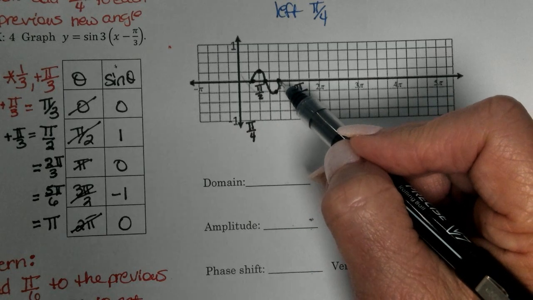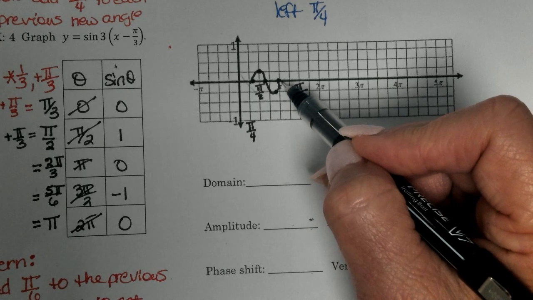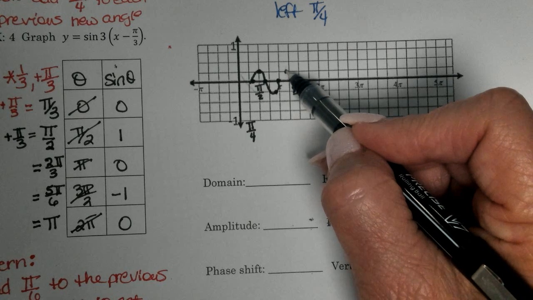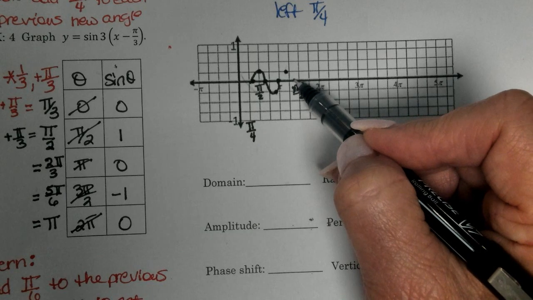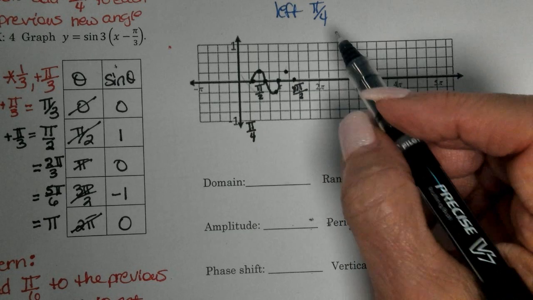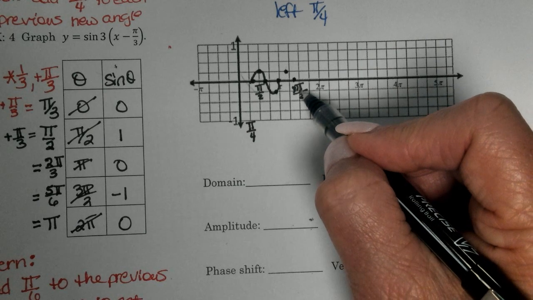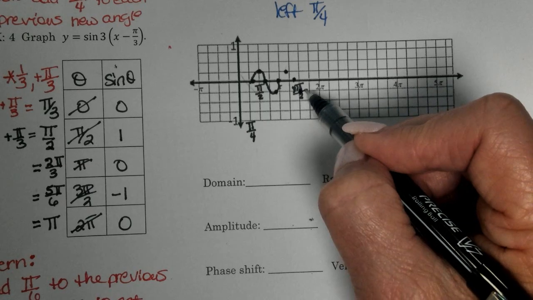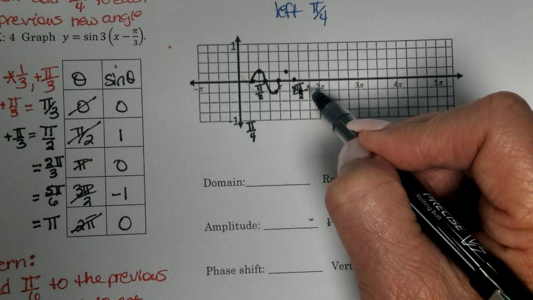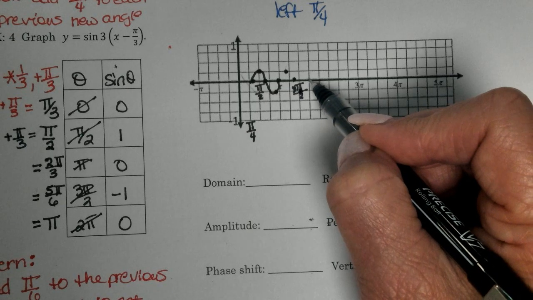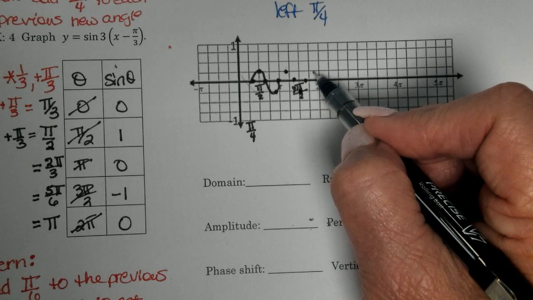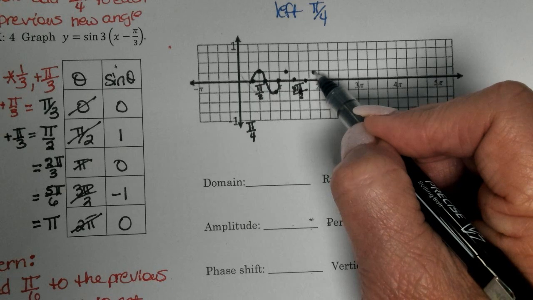So in our next spot, after pi, we are going right up here, 30 degrees from that, and then we would come back down to 30 degrees on the other side, and then down to negative 1 and 3 pi over 2, back up to 0, and then on over to almost 2 pi.